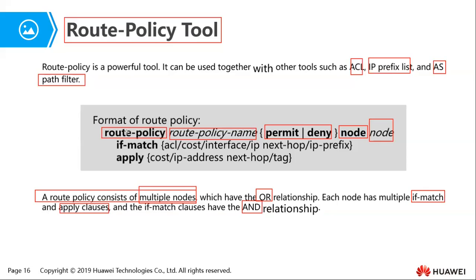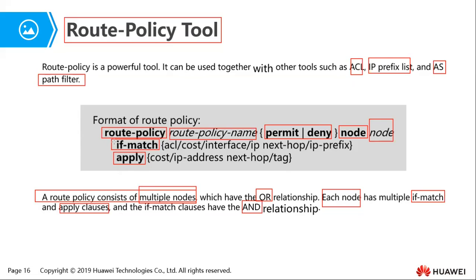Now, in each route policy, on each node, we have multiple if-match clauses. So if this matches, then do this. So we can have another: if this matches, then do this.